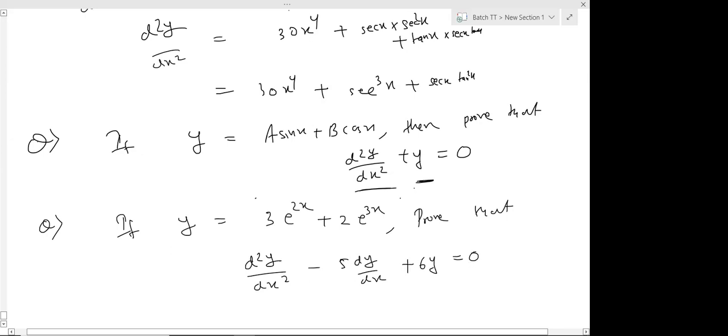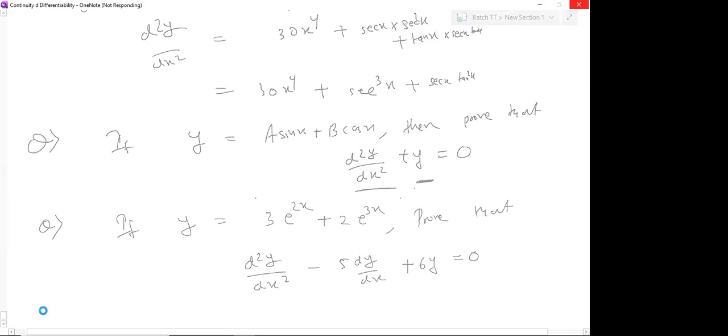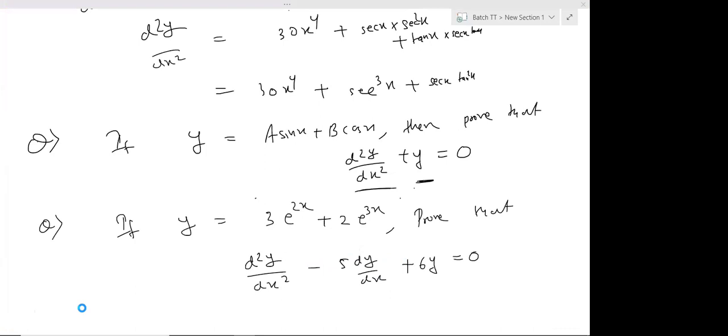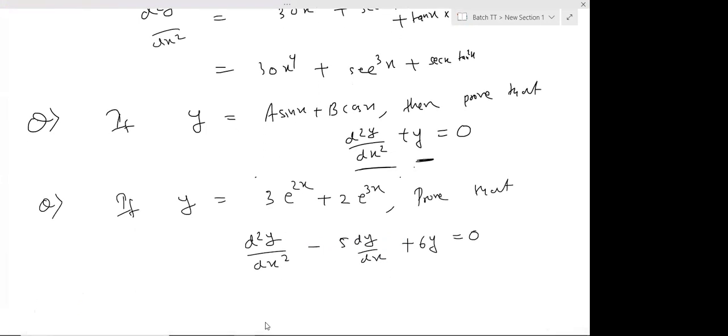Same way you have to solve this. Start with LHS, write down all the values, you will be done and get the 0. All right. Note that you don't have to use log here, right? You can simply differentiate.